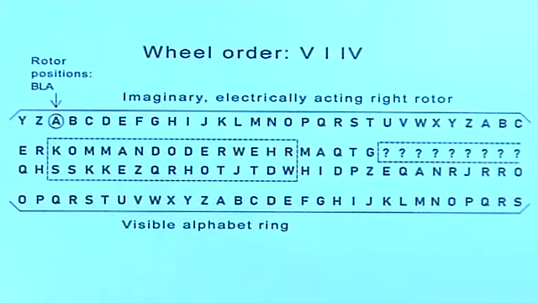In this example, in this lecture, the rest of the text becomes nonsense if the right rotor is at its imaginary electrically active rotor position address U. From this point on, there is only confused stuff. The following conclusions can be drawn from this fact.